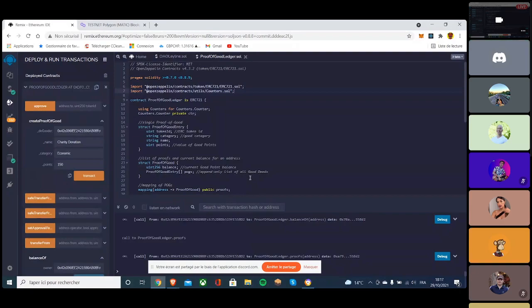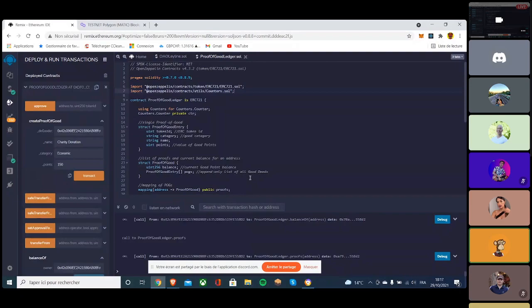Oh, okay. So basically, we wouldn't need one address to sum up every good deed you've done before. Because I think that would happen when we're actually minting the NFTs or displaying it on a user profile, for example.